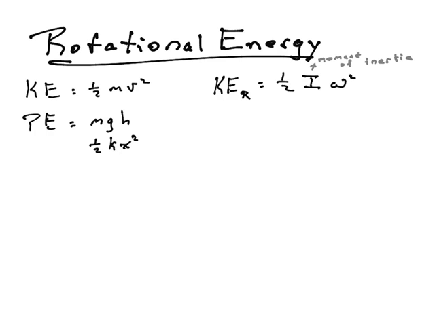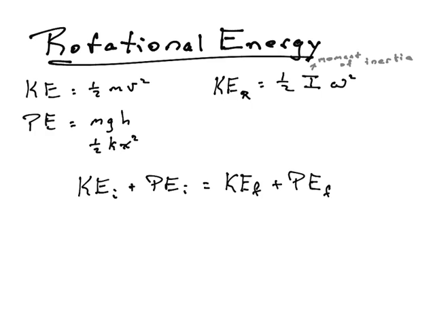Now, of course, in order to use this rotational version of kinetic energy, we need to know what the conservation of energy equation was. Well, let's just remember, it said the kinetic energy initial plus potential energy initial is kinetic energy final plus potential energy final.